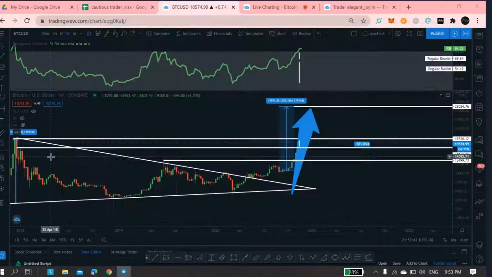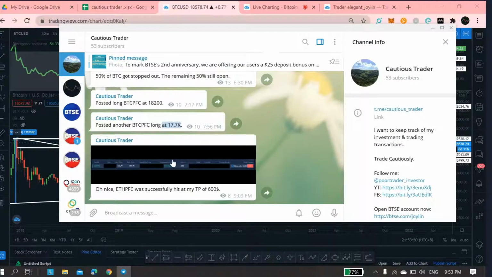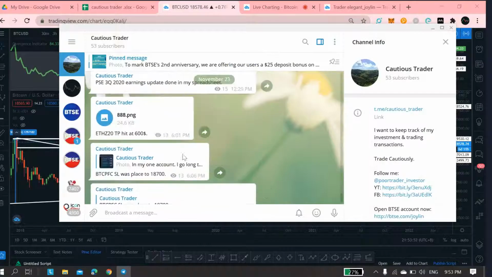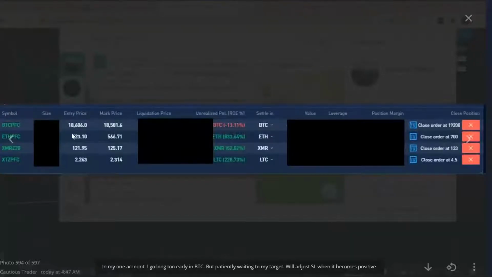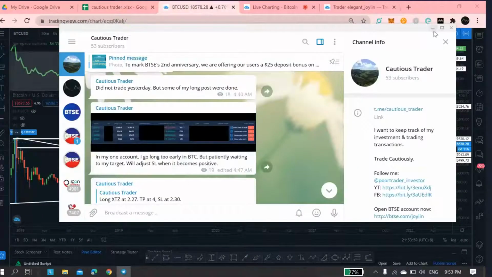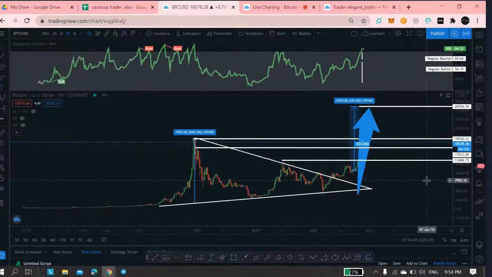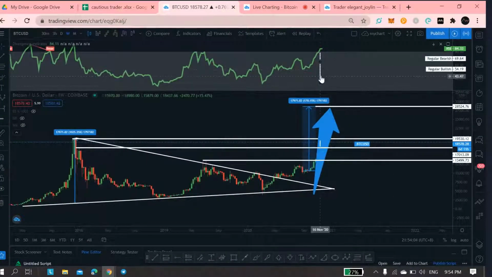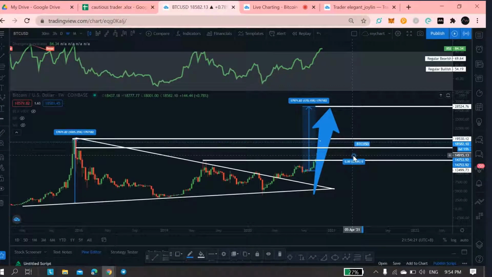At this moment, since BTC is 18,574, my remaining 50% position at 18,606 is red at the moment. It's currently negative right now. Since I use the maximum leverage of 100, let's try to compute that.